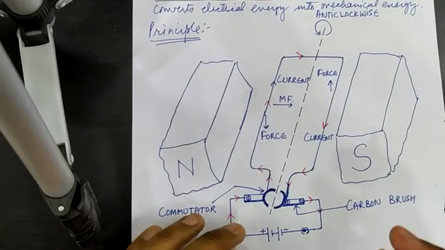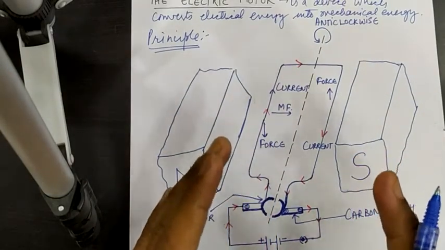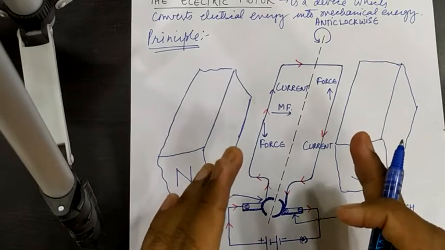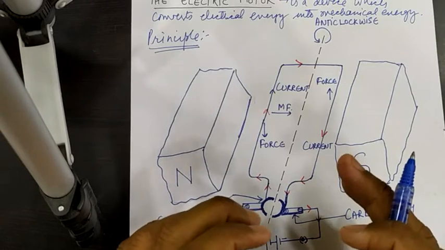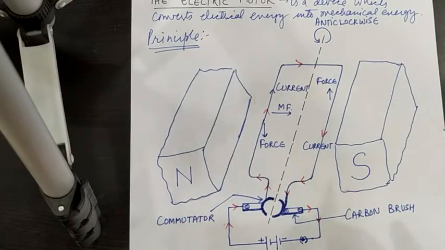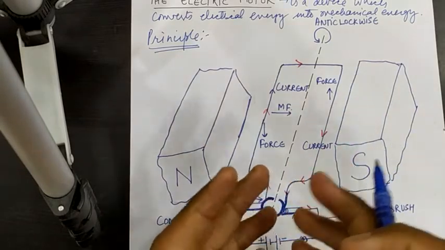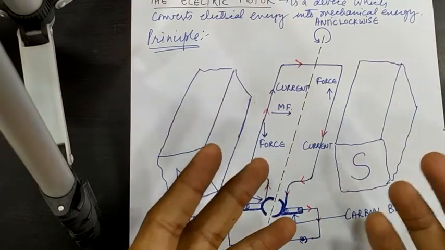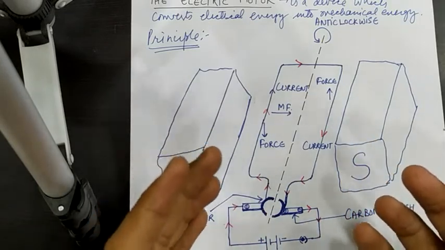I repeat, a motor works on the principle that when a rectangular coil is placed in a magnetic field and current is passed through it, a force acts on the coil which rotates it continuously. So when this coil rotates, the shaft attached to it also rotates. In this way, the electrical energy supplied to the motor is converted into mechanical energy.